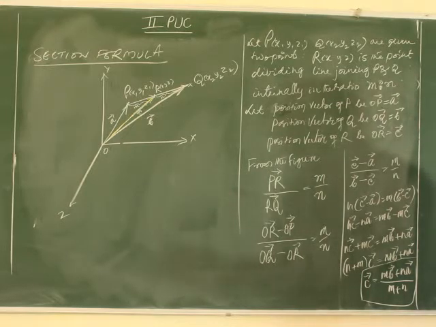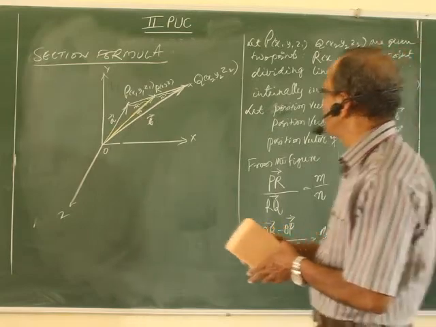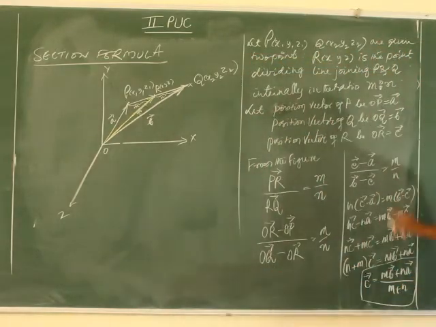Have you got the idea clearly? Tell me. Just similar to the section formula: (mx2 plus nx1) divided by (m plus n), like that. Mb plus na divided by m plus n, just similar to the section formula in analytical geometry. Write correctly; it is a little congested.